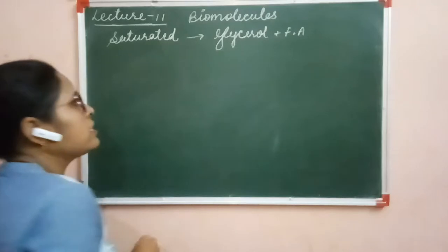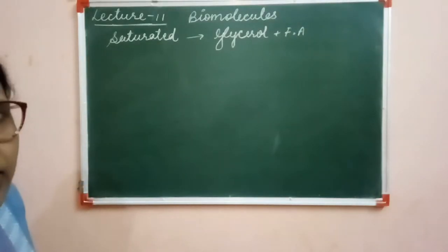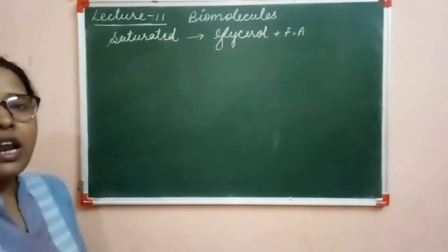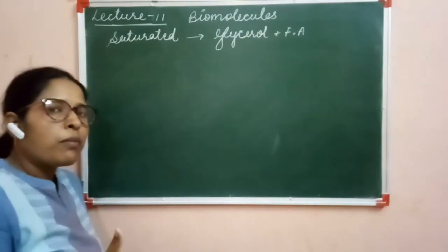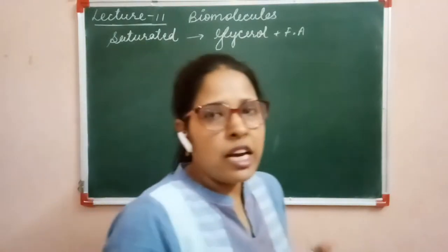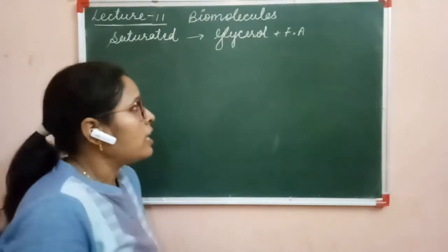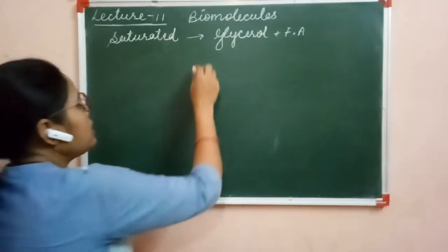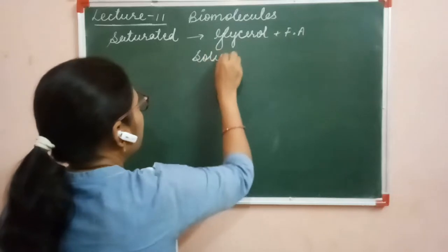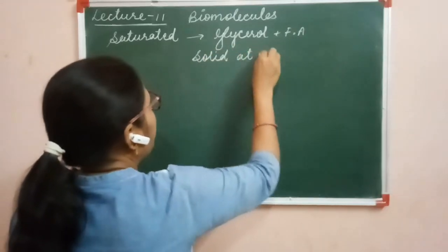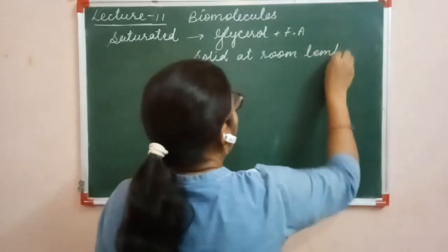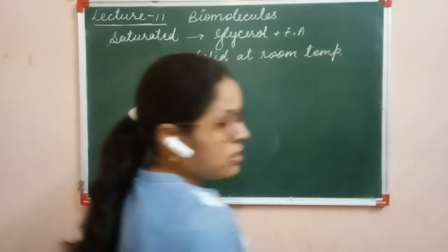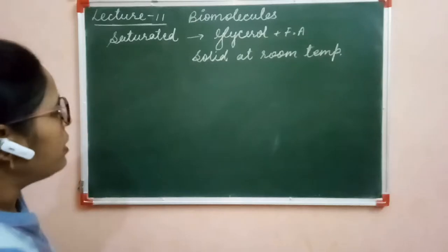In these saturated true fats, a glycerol and a fatty acid molecule are there, and the bond between carbon-carbon atoms is a single bond. These are solid at room temperature. Ghee is an example.